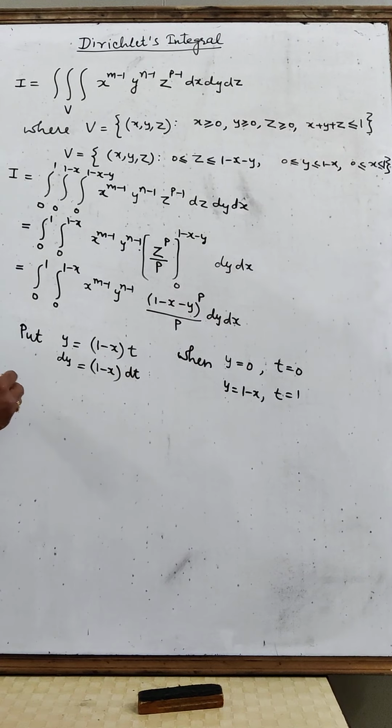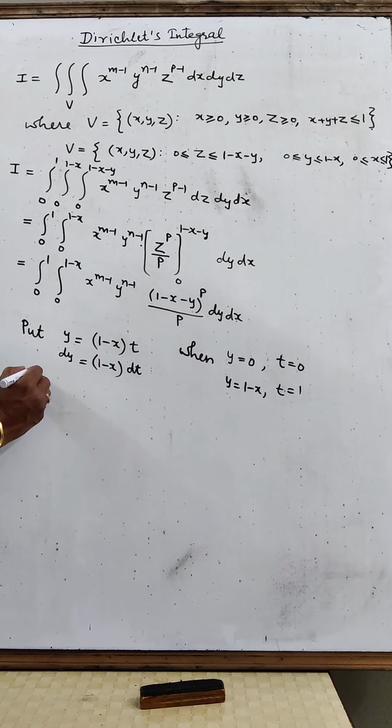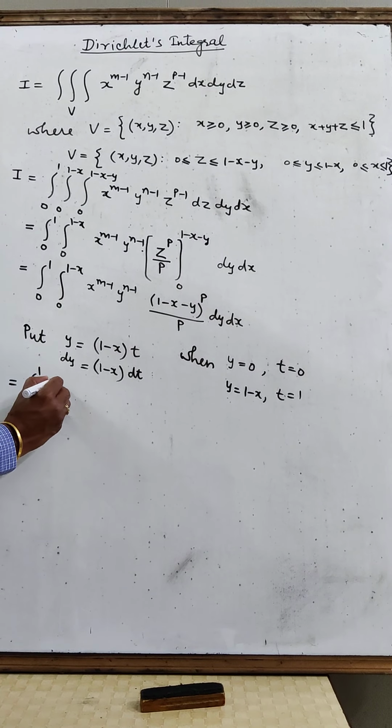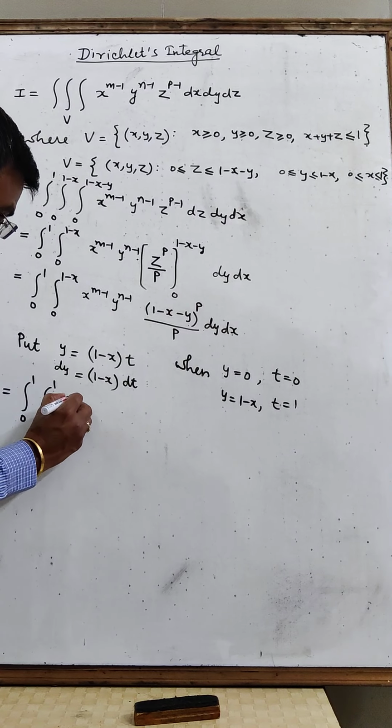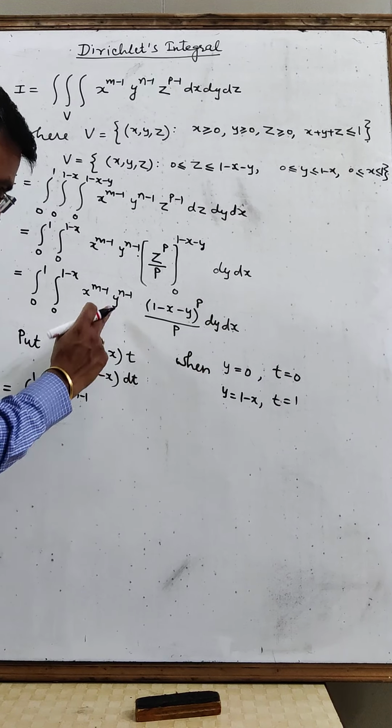So our integral would become 0 to 1, x raised to the power m minus 1.